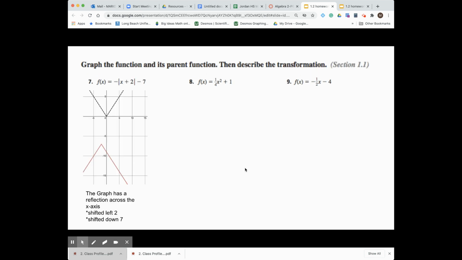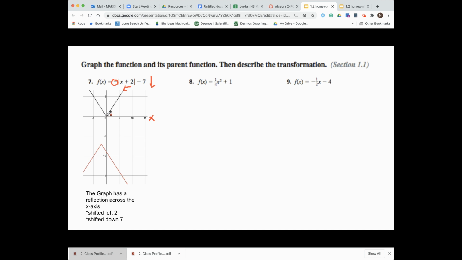All right. For this one here, number 7, this minus here, okay, let me show you real quick. This minus here is the reflection across the x-axis. So this is my x-axis right here. So this is a reflection. This here is going to move it left 2 units, and this is going to move it down 7.